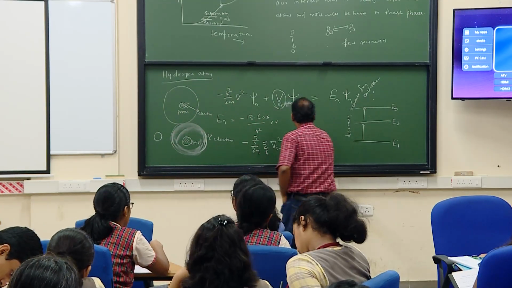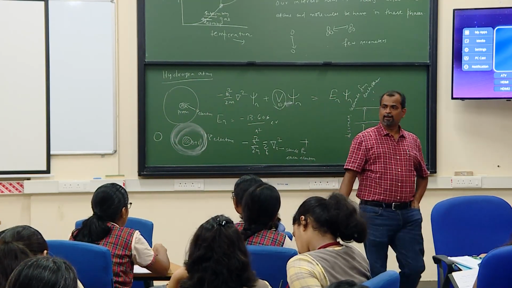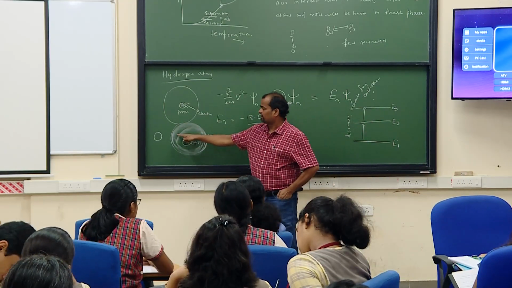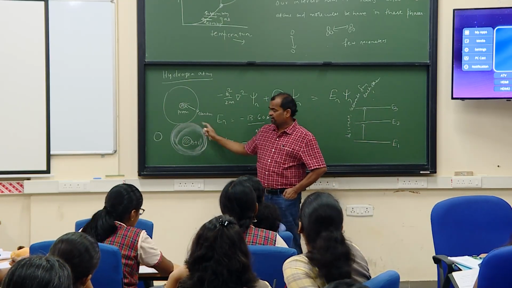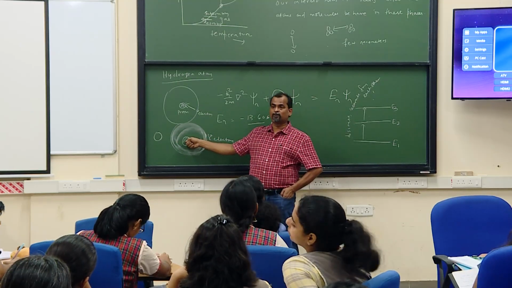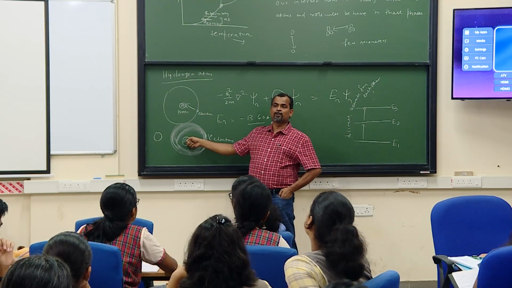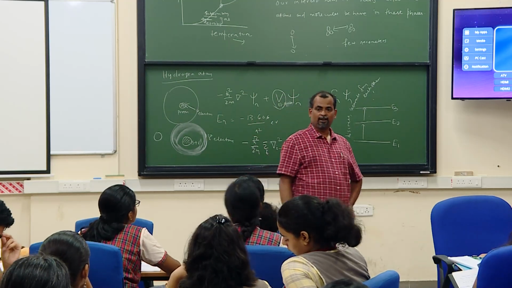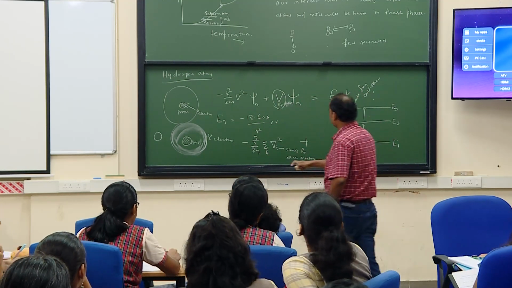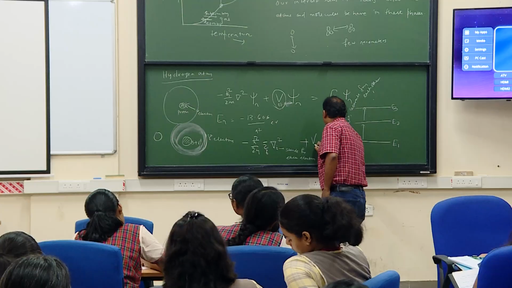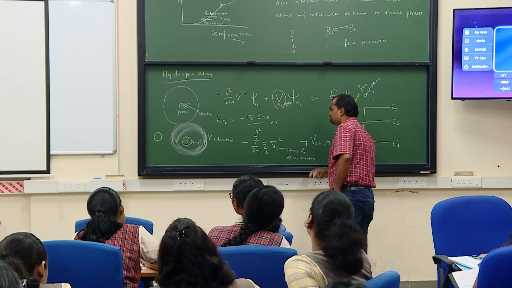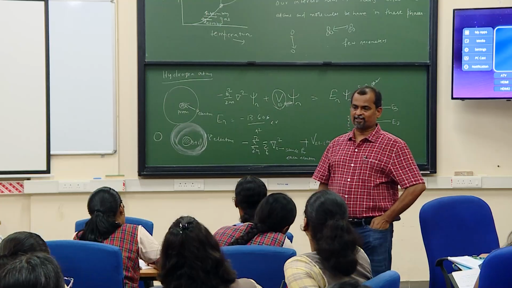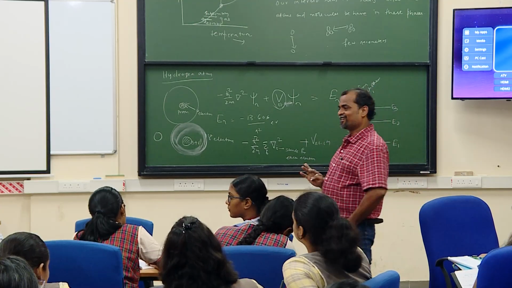Now there is an electron-ion interaction. Each of these electrons will have an attractive interaction with the nucleus. This nucleus consists of 8 positively charged protons, right? So it will have a V electron-ion term.